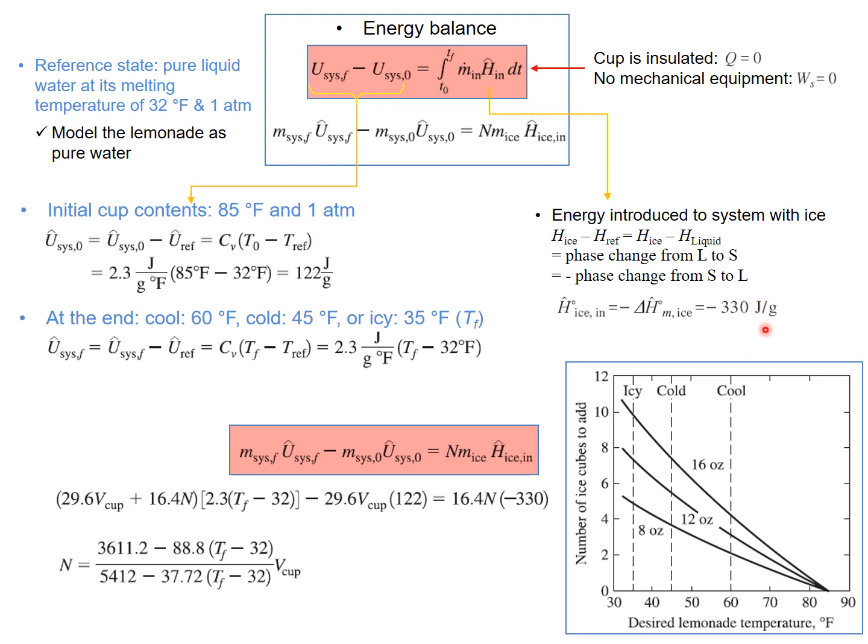Then let's put those expressions into these equations. This one comes from here, and this one comes from here, and from the mass balance equations we know the value of M system final, right?